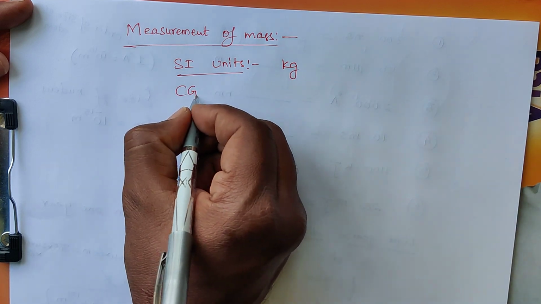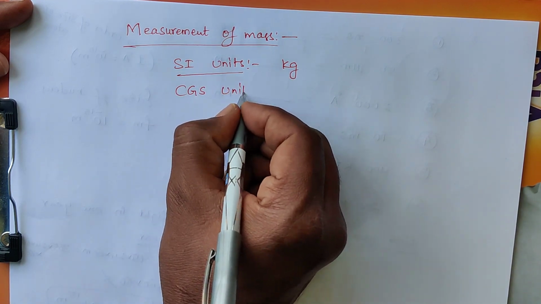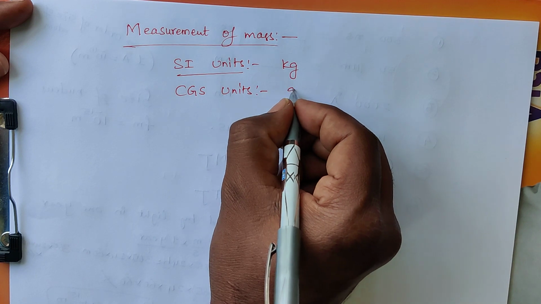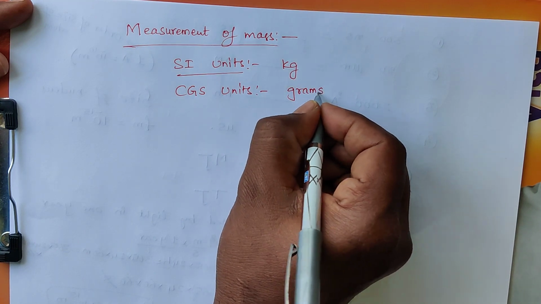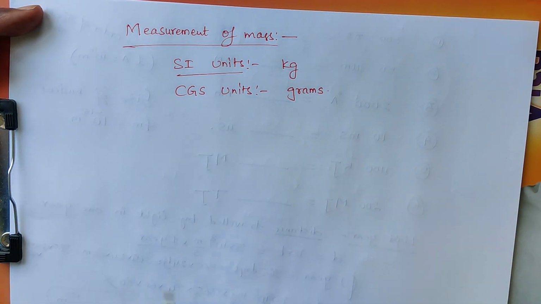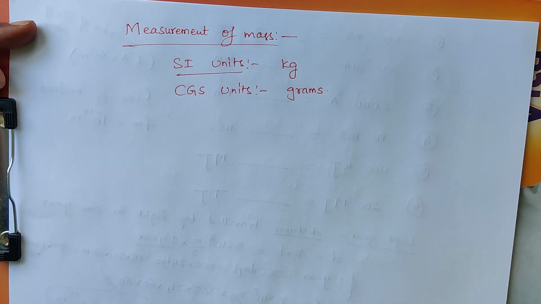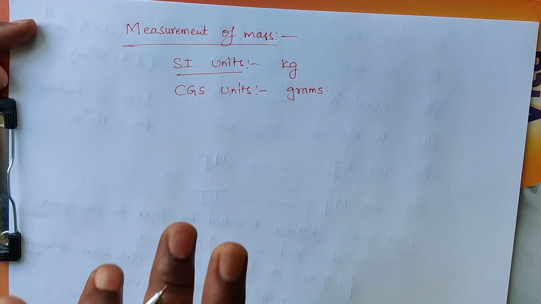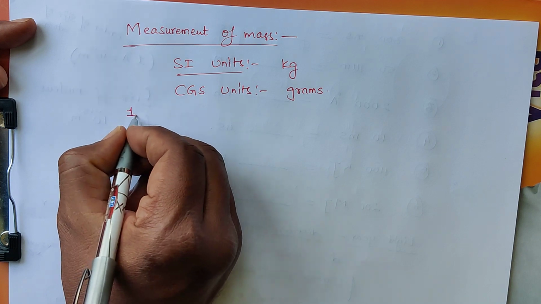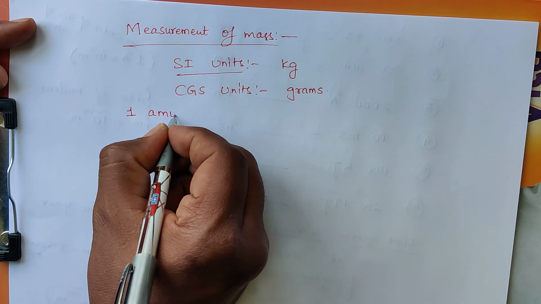And the CGS unit for mass is grams. Atoms and molecules are very small particles. We cannot measure the mass of an atom in kilograms or grams. So there is an alternative unit for measurement of mass, that is the unified atomic mass unit.